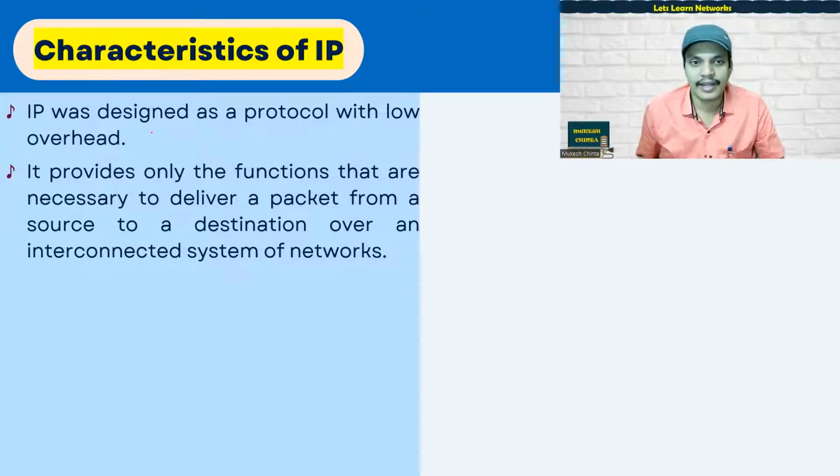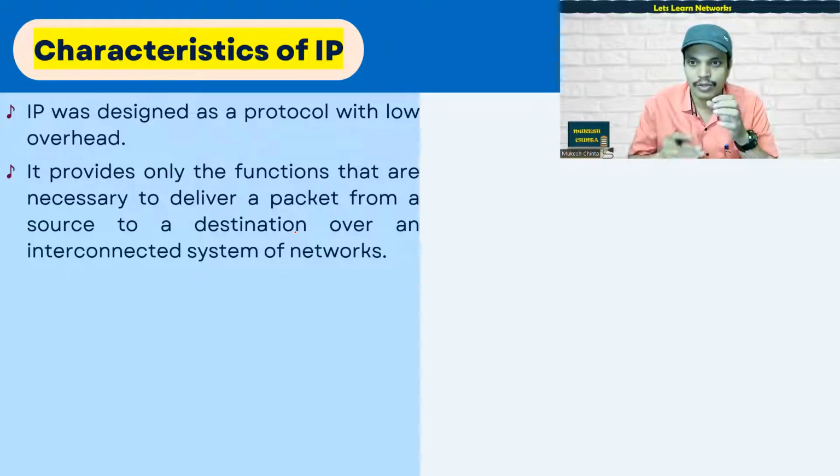So IP is designed as a protocol with low overhead. In the network layer, I don't want to have a lot of burden and a very complex protocol. So IP is a simple protocol with a low overhead. It provides only the functions that are necessary to deliver a packet from a source to a destination over an interconnected system of networks.